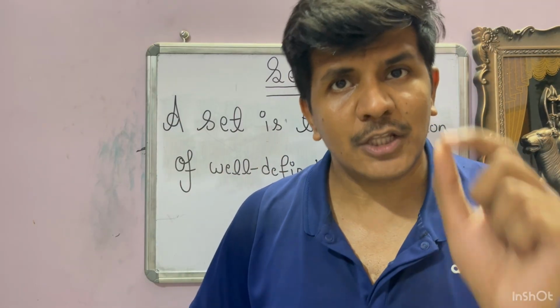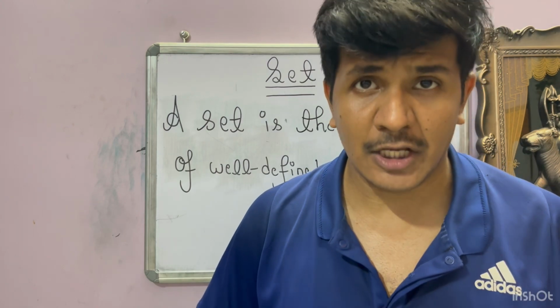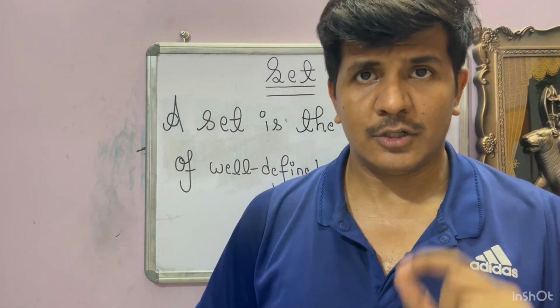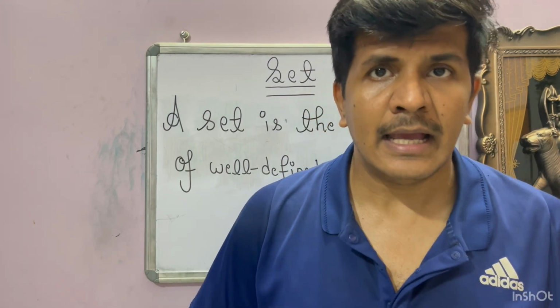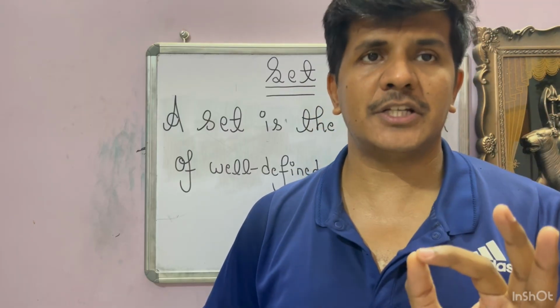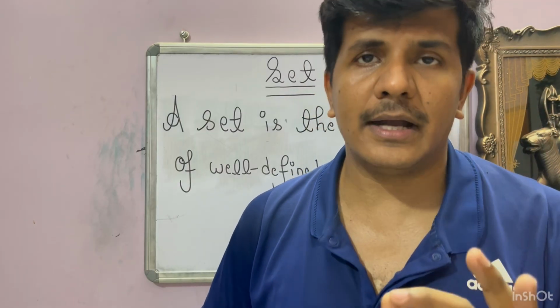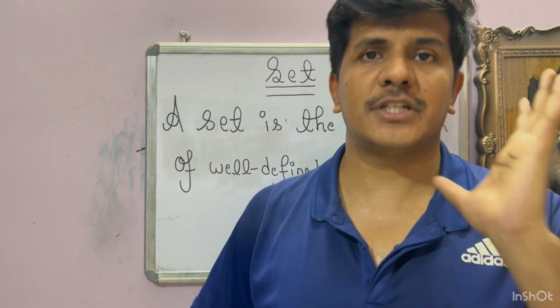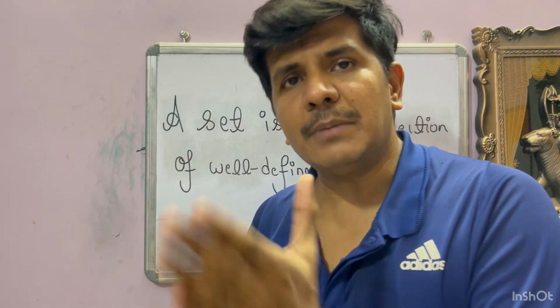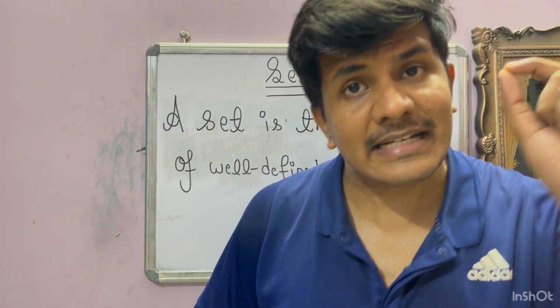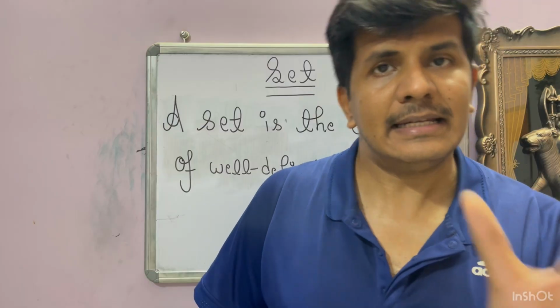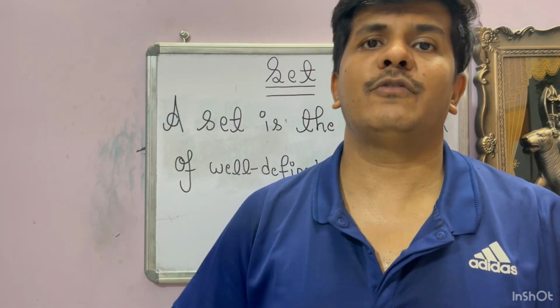Now here comes the definition of set. Whenever you are asked to do the collection, and whenever that collection is the same no matter who is doing the collection, that means for every person the collection made is definitely the same, then that will actually be a set.